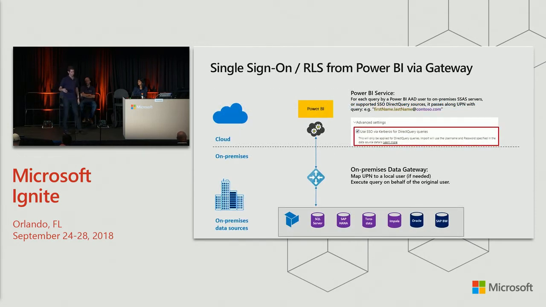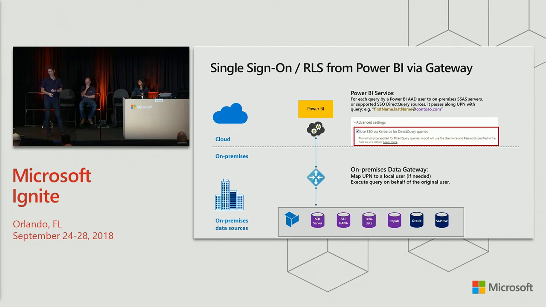So in this picture, at a high level, how does this work? Imagine you have a dashboard that you share across multiple users. When the user logs in on the browser or on the mobile device and views that dashboard, we know the user is authenticated with an Azure Active Directory identity.